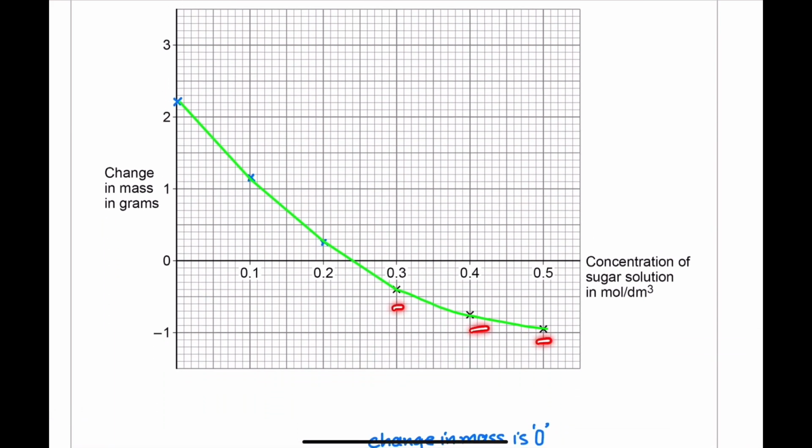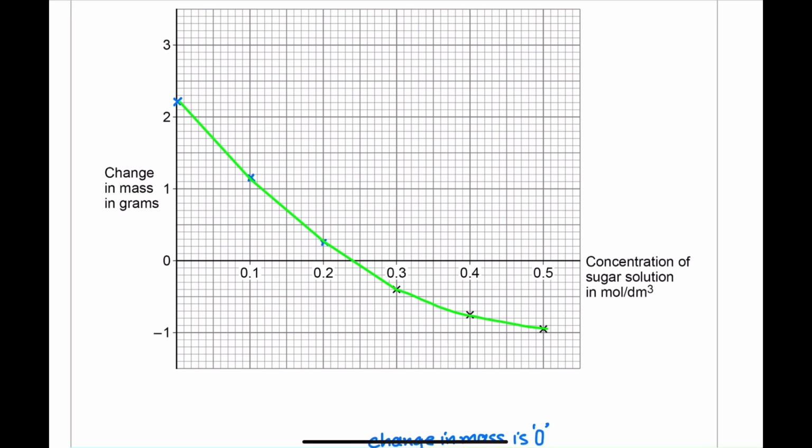1, 2 and 3 are already plotted. So we need to plot the values at 0.0, which is 2.2, which is given here. At 0.1, it is 1.15, given in table number 3.